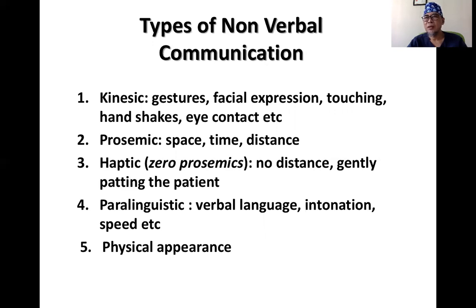That's social distance. Physical distance, I've mentioned, is in a different area. But haptic is closer to no social distance, where there is no distance between the sender and the receiver, like the relation of your parents to you.